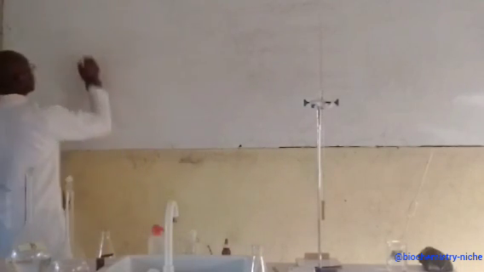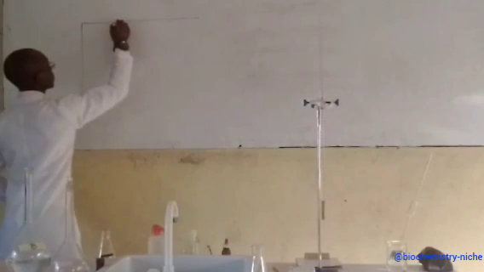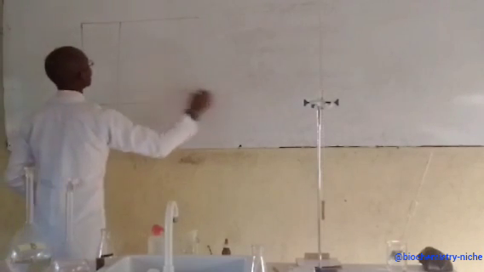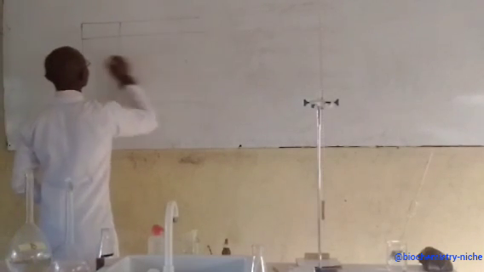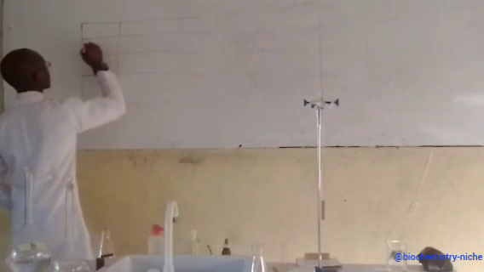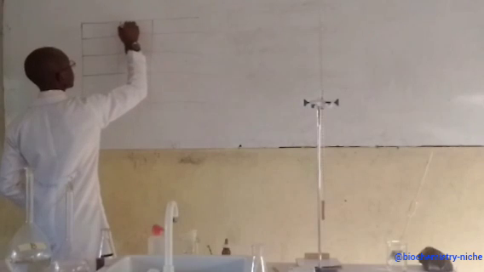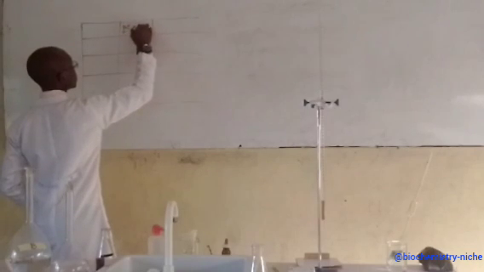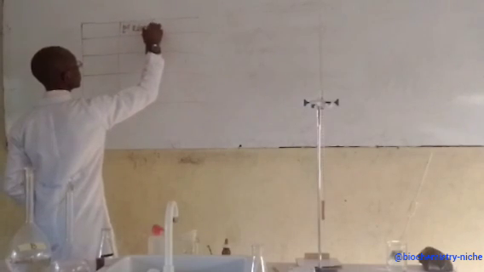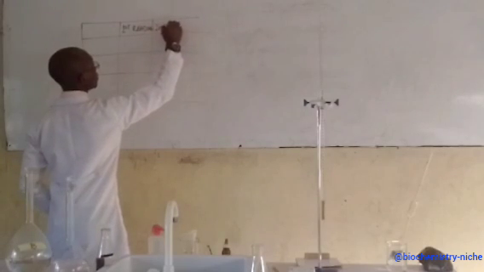Alright, so this is how to draw a good table. Let me put the table here. We have a table like this. Alright, I have first reading. Here I have the second reading.